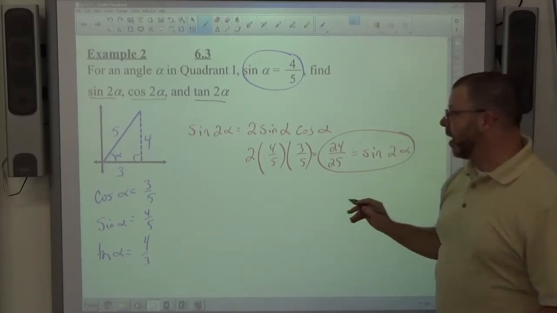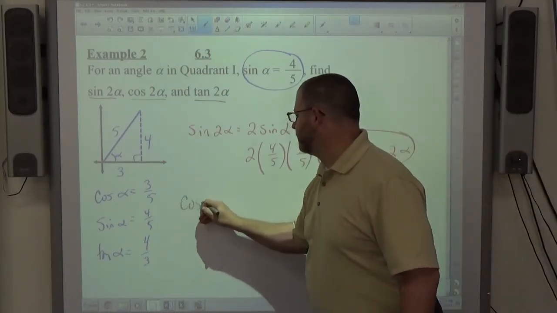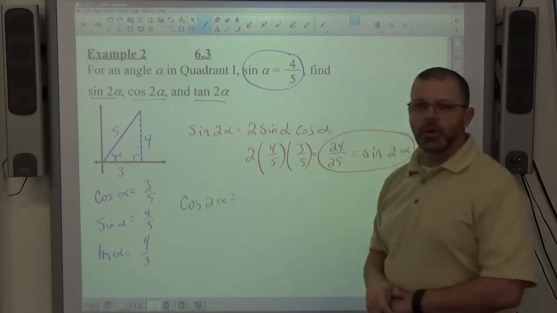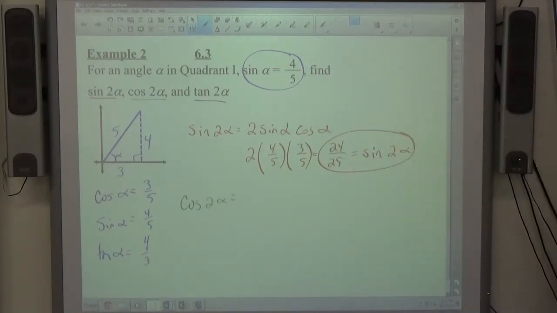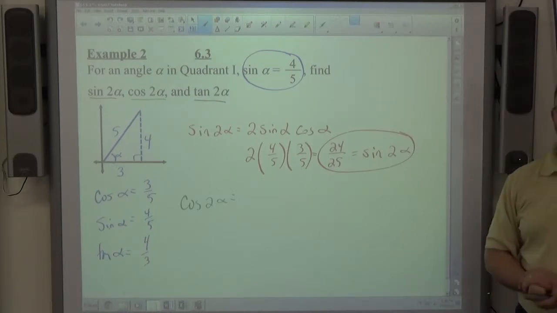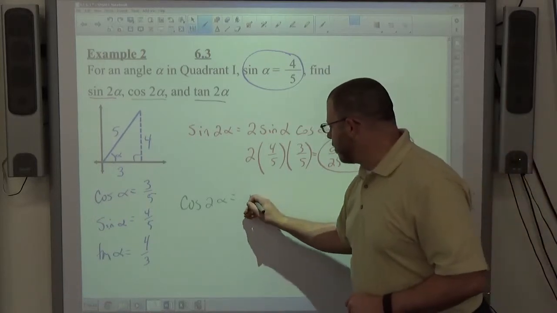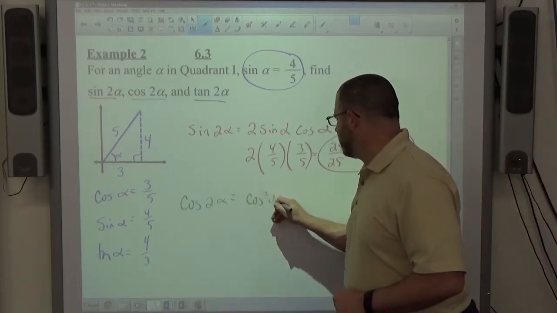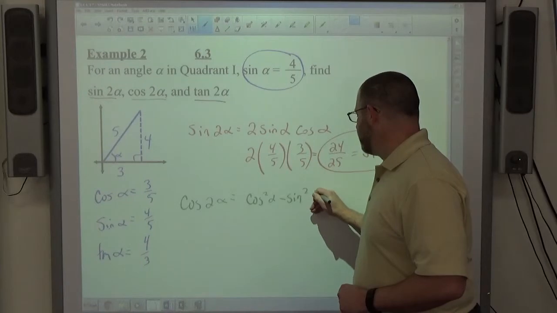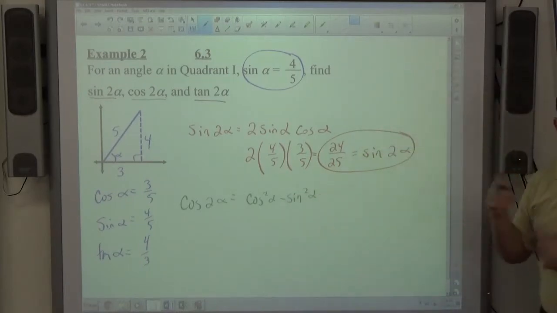Similarly, I can find cosine of 2 alpha. I have 3 choices for cosine of 2 alpha. I can use whichever one I want to use. I prefer cosine squared minus sine squared personally, but if you like one of the other ones better, by all means use it. You'll get the same answer regardless. I go cosine squared of alpha minus sine squared of alpha, and it is very important in this subtraction that we do the right order. Cosine squared does go in front.